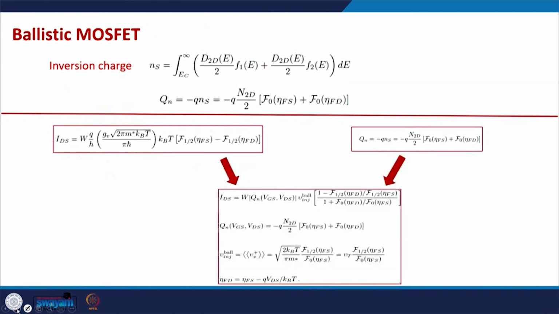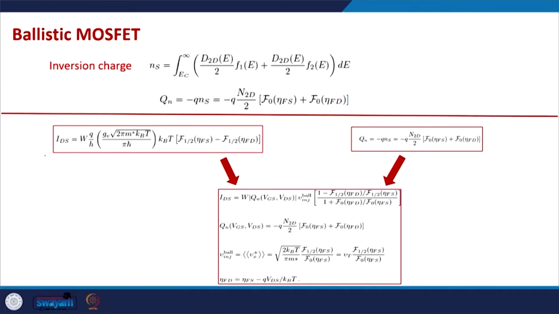We will also study the ballistic MOSFET, that is the MOSFET in which the electron does not collide with anything in the channel, and goes directly from the source to the drain side, and we will see the IV characteristics for a ballistic MOSFET and the charge in the channel for a ballistic MOSFET.